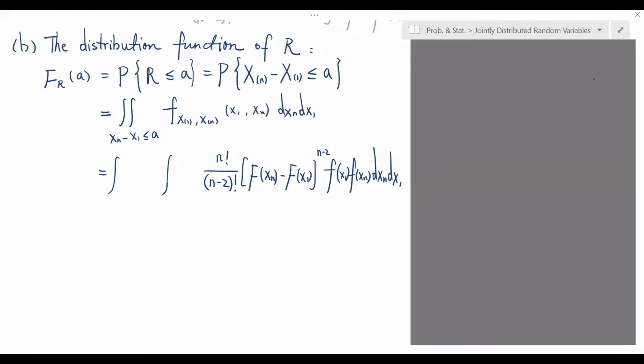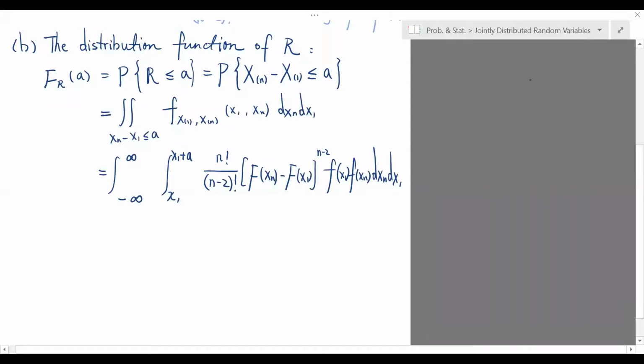Hence, in terms of x sub n, the integration limit is going to be from x sub 1 to x sub 1 plus a, because we like xn minus x1 to be no more than a. On the other hand, x sub 1 is allowed to range all the way from negative infinity to positive infinity.